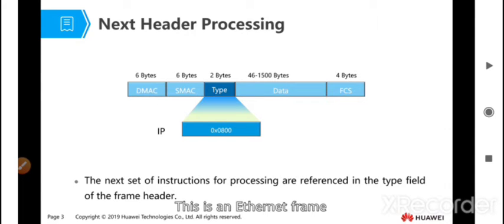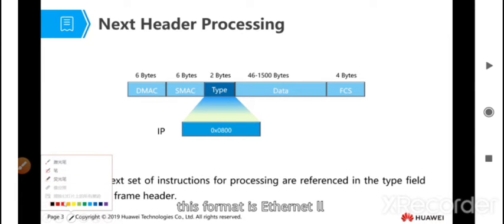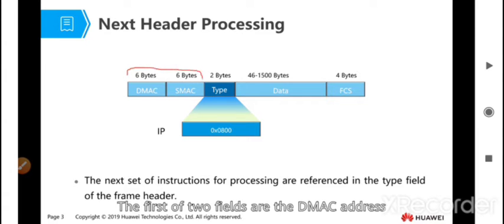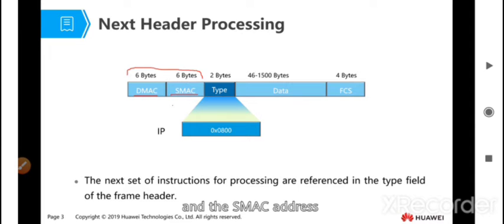this is the format of the Ethernet frame that we discussed in the previous chapter. In this Ethernet frame, we can see the format is Ethernet II. The first two fields are the destination MAC address and the source MAC address. The MAC address is a layer 2 address.